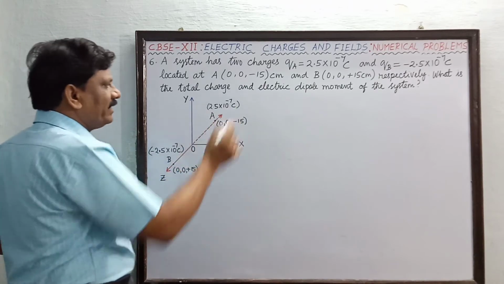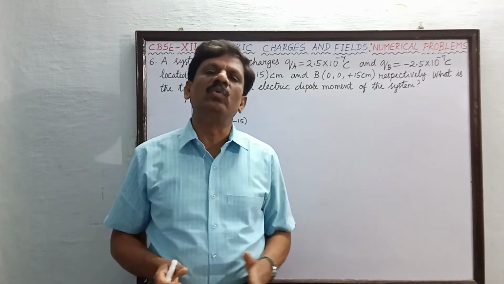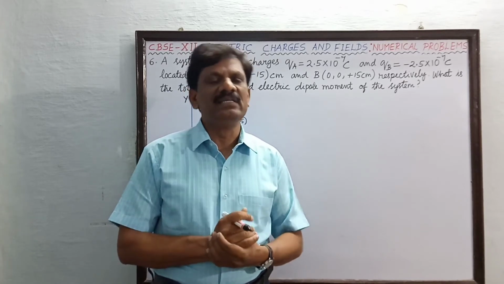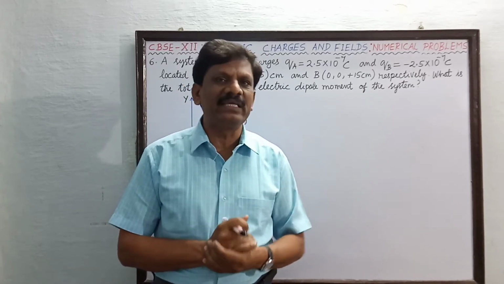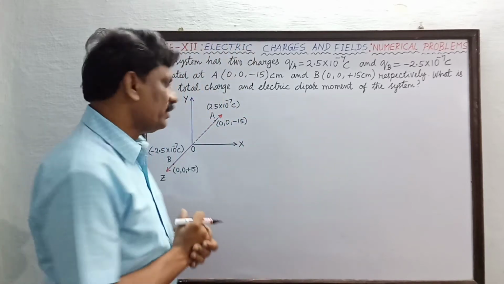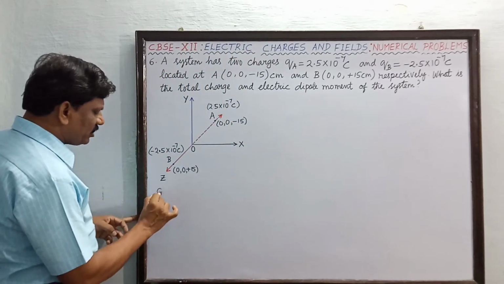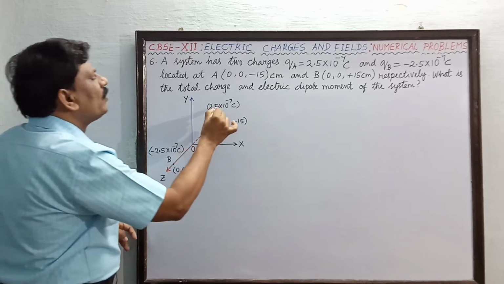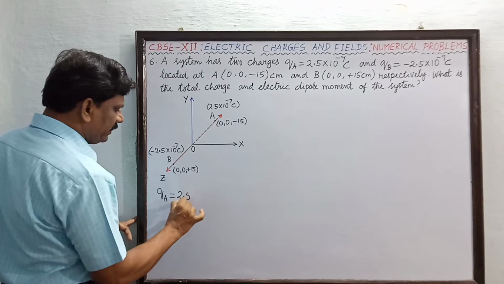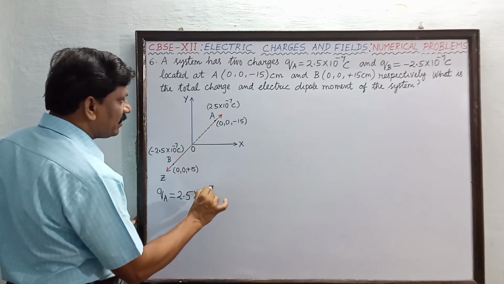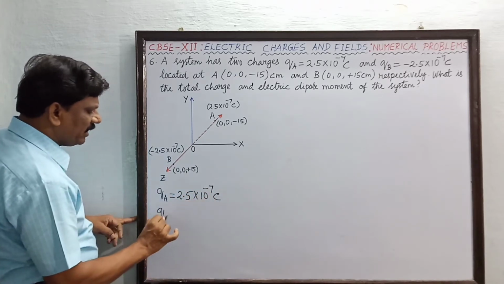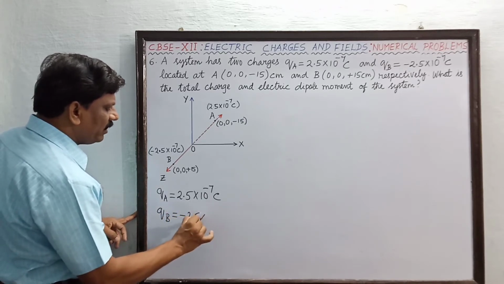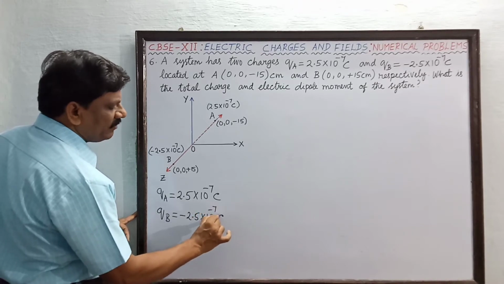So this arrangement of two equal and opposite charges separated by a small distance is going to act like an electric dipole. So here I will take the charge QA equal to 2.5 into 10 to the power of minus 7 coulomb, and the charge at B, QB, is equal to minus 2.5 into 10 to the power of minus 7 coulomb.